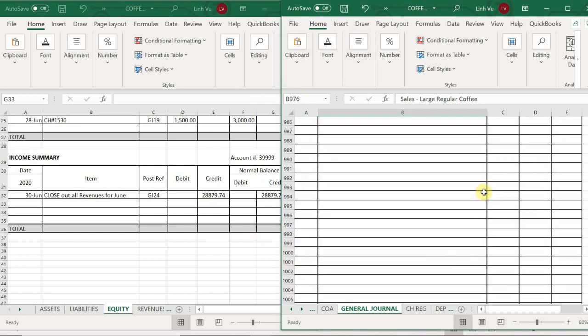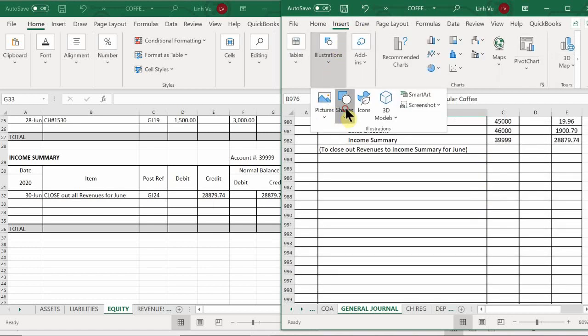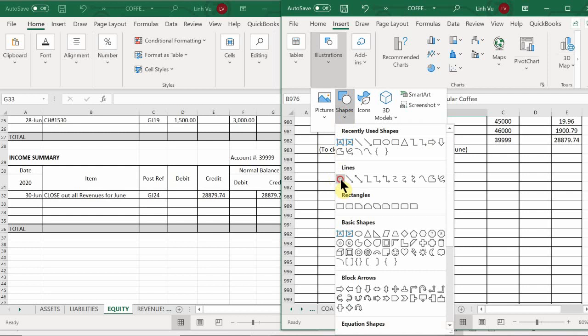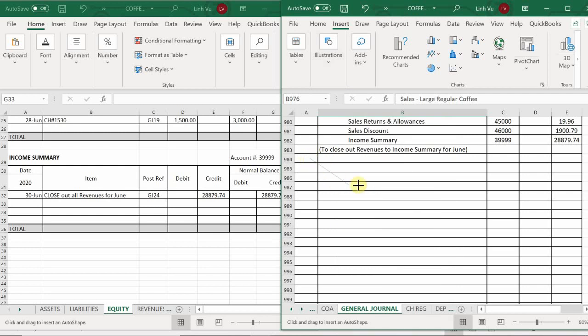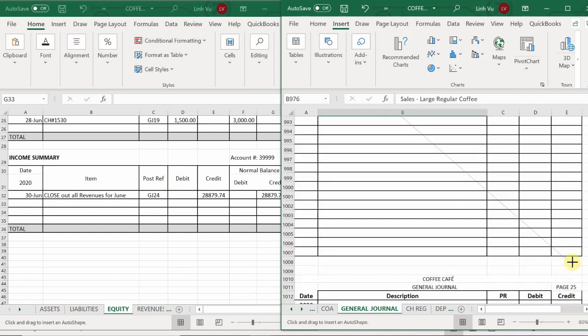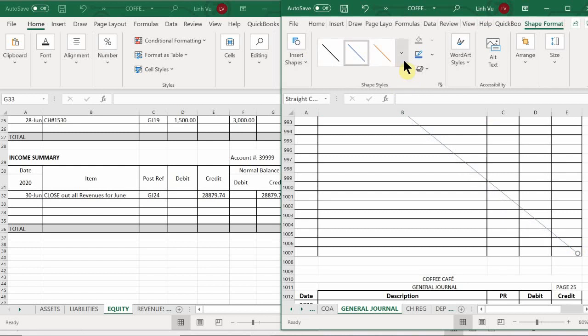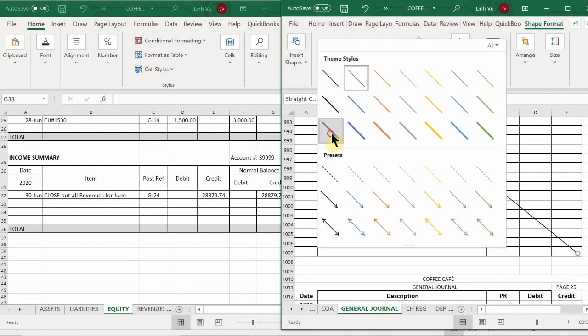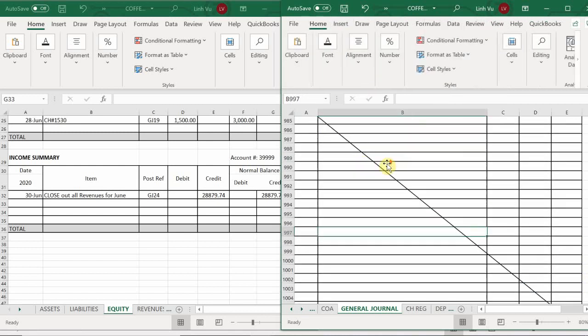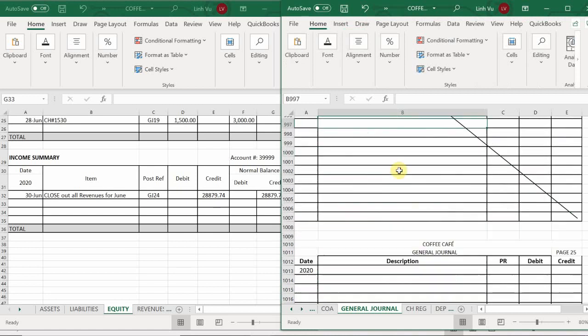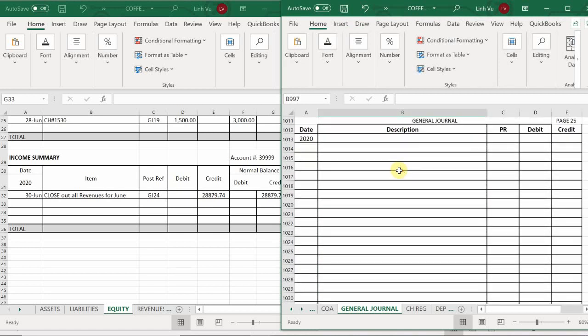I'm going to draw my line and start on a new page because we have so many accounts that I don't want to squeeze it in there and then end up breaking it halfway. So I'm going to cross this section out, and we're going to start on the next page here.